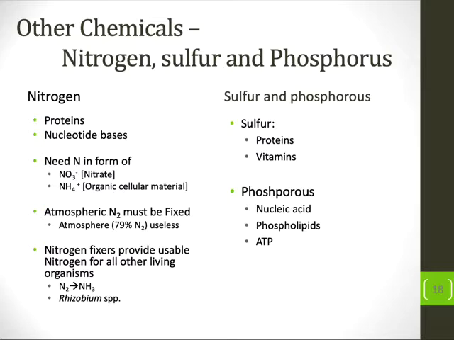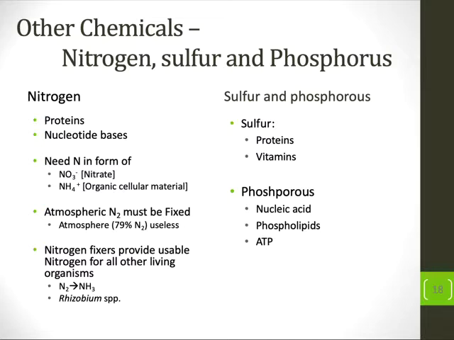And then some of them are able to fix atmospheric nitrogen and make it useful for all microorganisms and other living organisms as well. An example of a microorganism that does that is the rhizobium species.